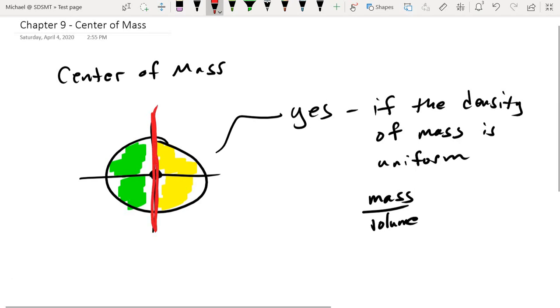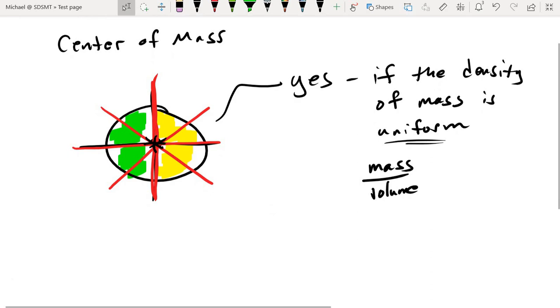But then we can bisect this object as many times as we need to, and where all of our bisectors intersect is where our center of mass is going to lie. And that's pretty easy to do if we in fact have uniform density throughout the material.